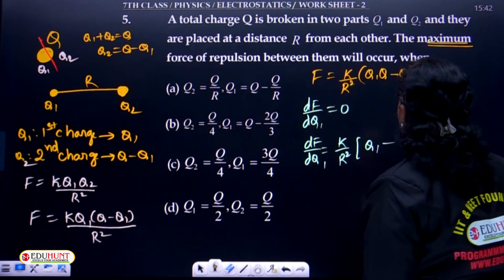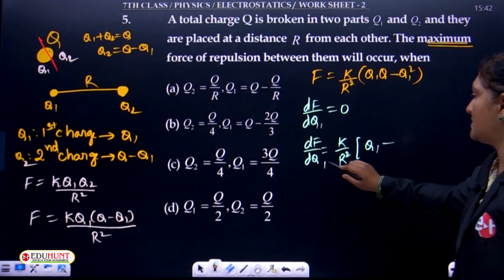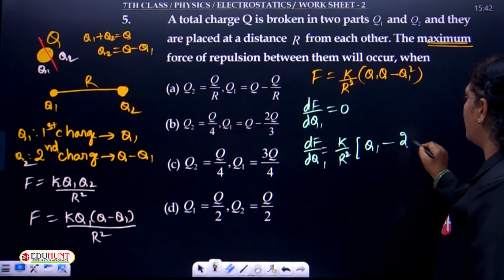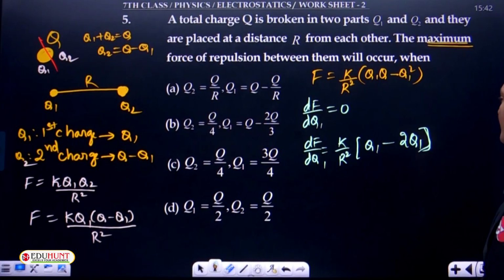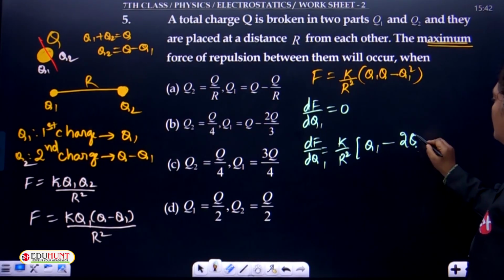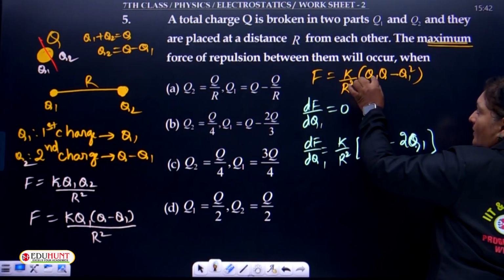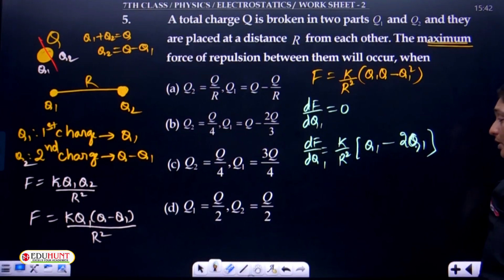With respect to the charge Q1, this relation is 2Q1. A small correction: this is not dQ, this must be dQ1, the smaller charge, not the total charge. So dF by dQ1 is found to be K by R square times (Q minus 2Q1).